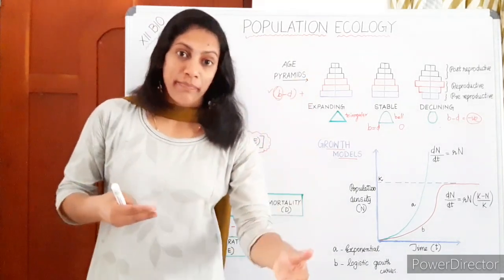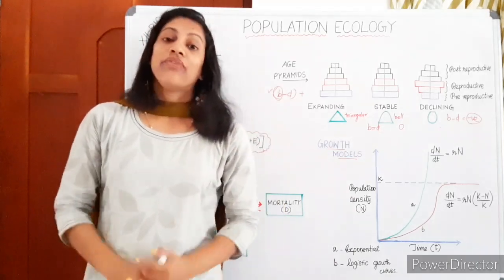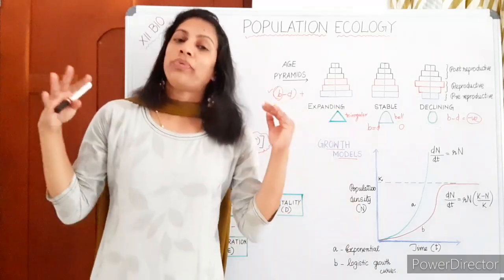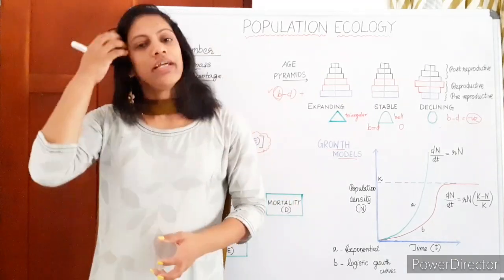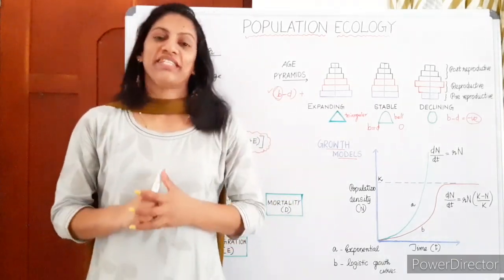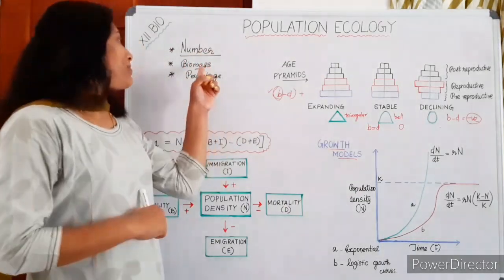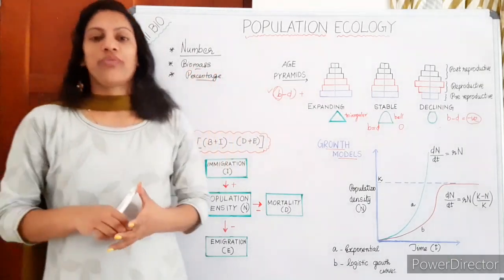For example, in a pond, the large fishes may be countable in number, whereas the phytoplanktons and zooplanktons may be in millions. Population density is mostly calculated by counting the number, and it can also be calculated by noting the biomass or percentage cover.